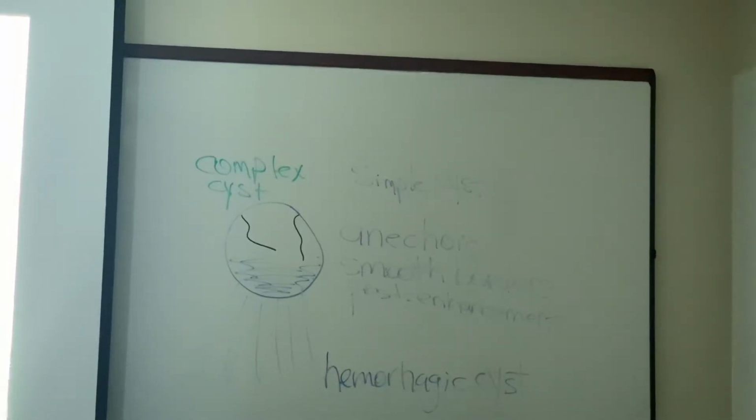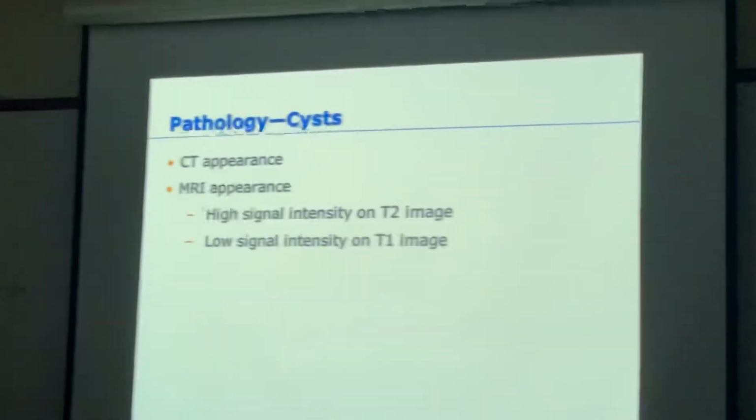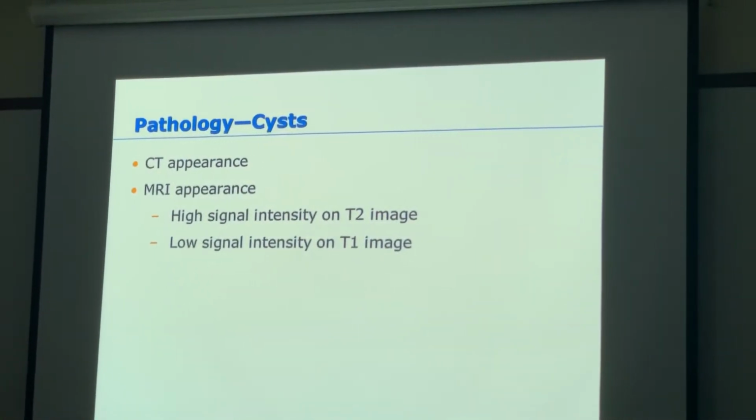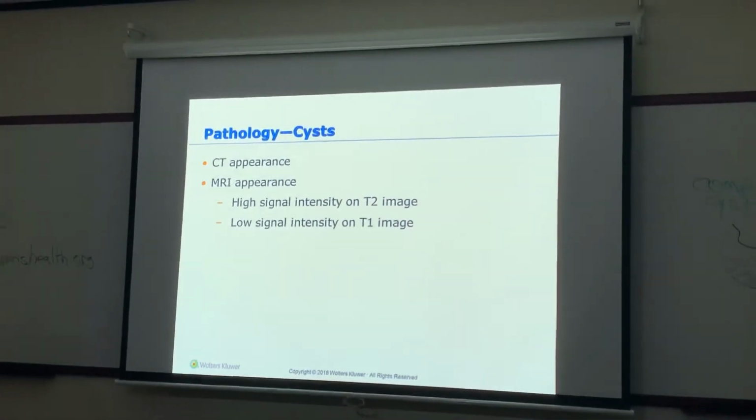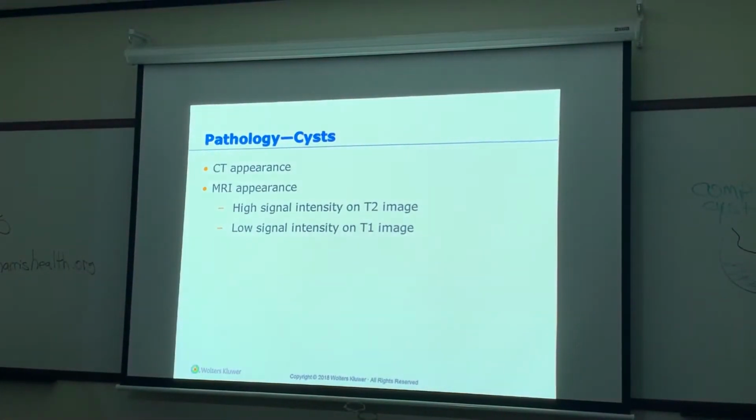It is complex before the blood settles down, but we don't describe it as that. In the reports, we don't write complex. We say just hemorrhagic. Okay? But if the blood is settling, it turns back into complex.